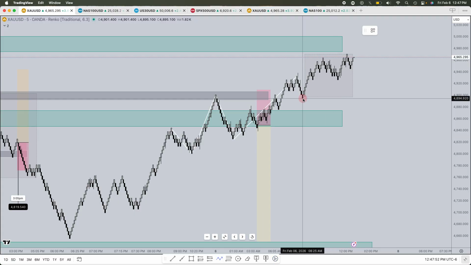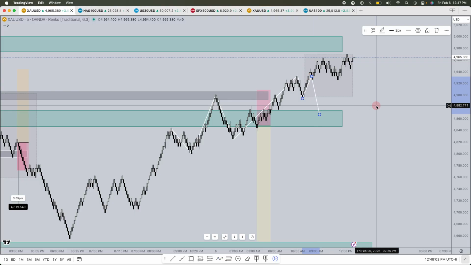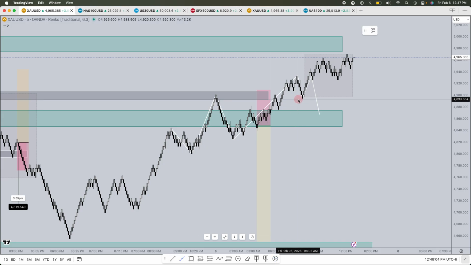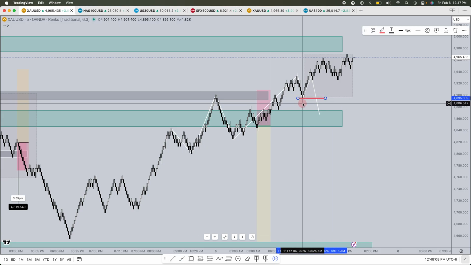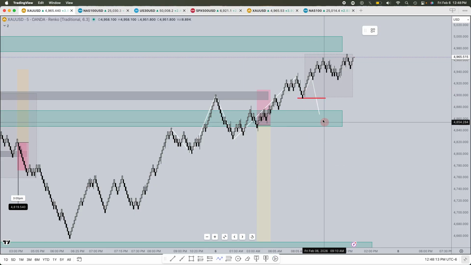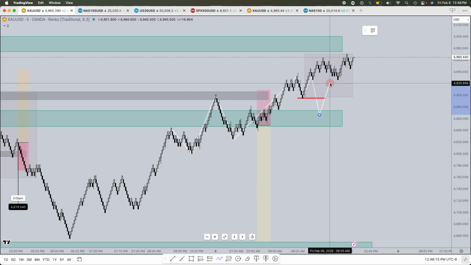Or at this point, I would have needed price to hit this higher low, go up to make an equal high, and then break to the downside. So this low would have had to be broken. And this was from 8:25. I would have needed this to be broken, and then, I know this is a lot of drawing, to retrace back up.